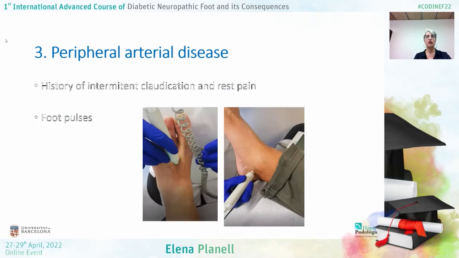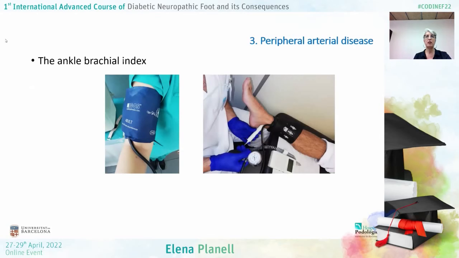Third, ask about the history of intermittent claudication and rest pain, which suggests peripheral arterial disease. Palpate the posterior tibial artery and dorsalis pedis artery in both feet and record pulsation as absent or present. You can use a Doppler device too. The ankle brachial index is an accurate measure to diagnose peripheral arterial disease.